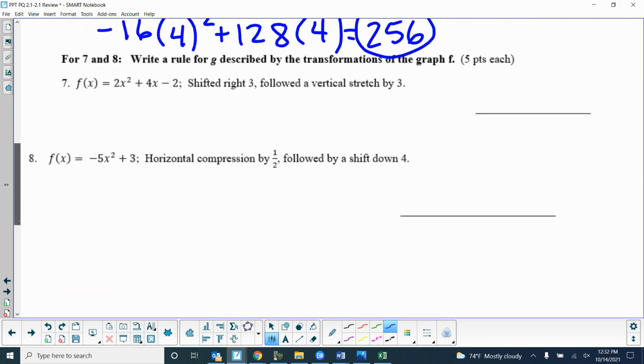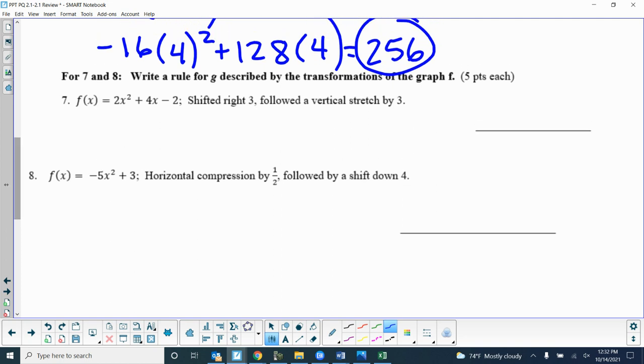All right. It says we're shifting our function right. So that's horizontally, right? So do we work with the x when we move horizontally or the y? The x. All right, so what do I do to the x to shift it right? Subtract.